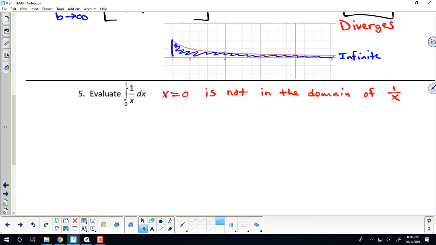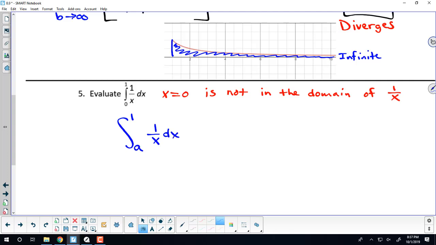Since that's the problem, whatever you want to call this, this is our lower limit of integration. We need to call it a or t or something. So that's our lower limit of integration to 1 of 1 over x dx.